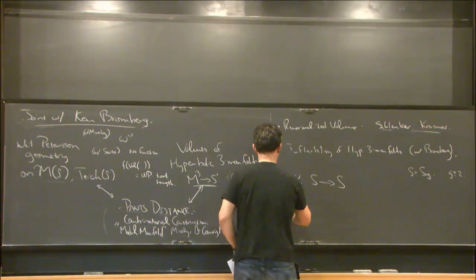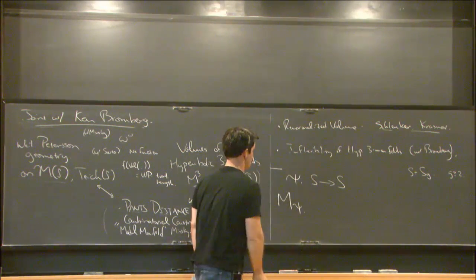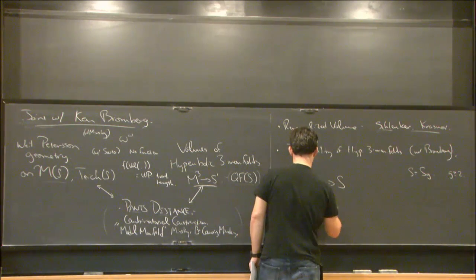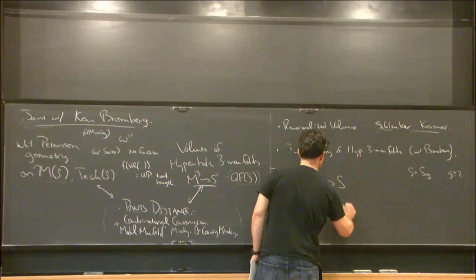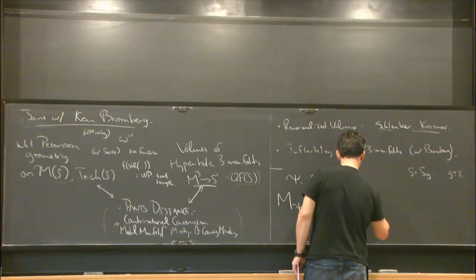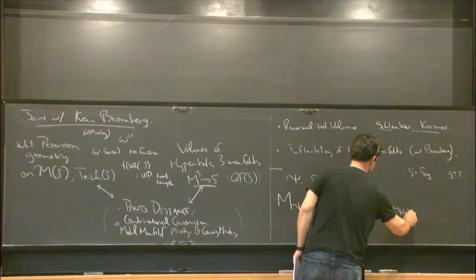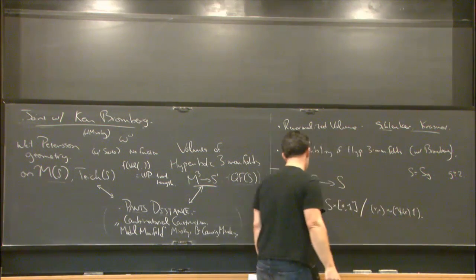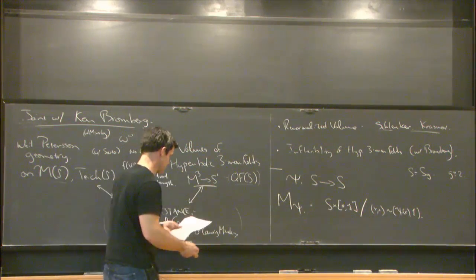And one can form the mapping torus M psi just by gluing one end into the other. Or maybe that's M sub psi inverse, depending on your conventions.